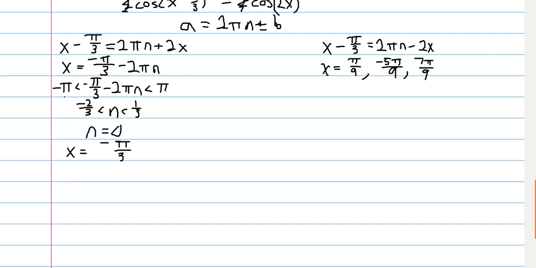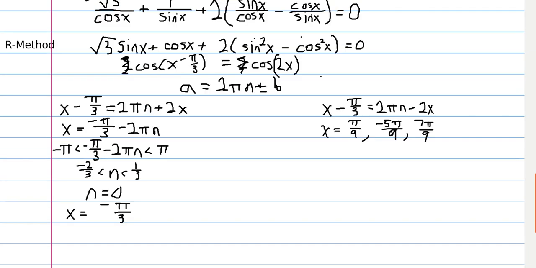So I'm not showing the work because it's the exact same method as here. Just isolate x, plug it into the inequality and get an inequality for n, we will find that n is either -1, 0, or 1, and each of those n values corresponds to a solution here.